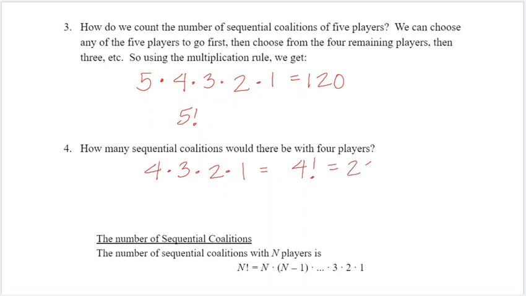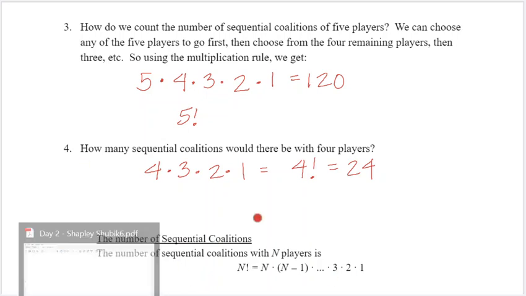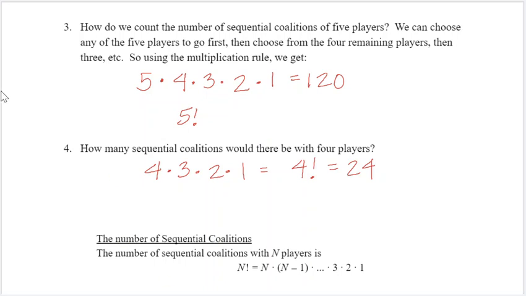This would be 24. So, to find out how many sequential coalitions there are, you just do n factorial. And that is it for the Shapley-Shubik power index.